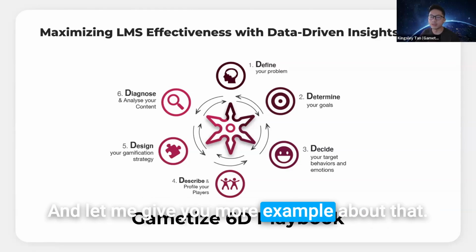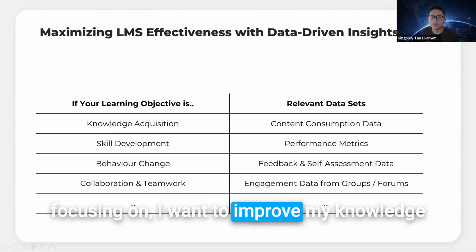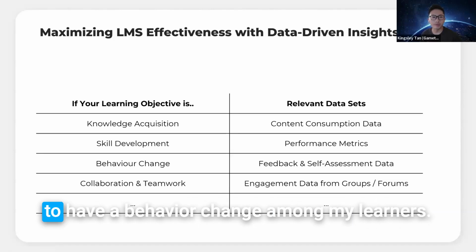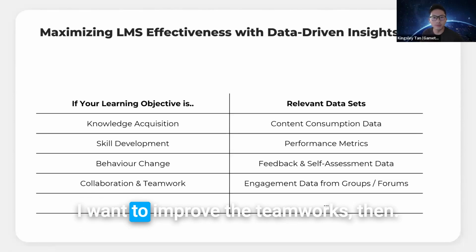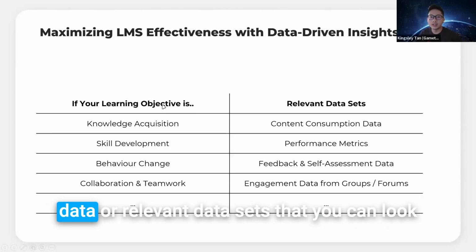Now, let me give you more examples. Let's say your learning objective is to improve the knowledge acquisition of your target audience, or to have a behavior change among your learners, or to improve teamwork. Having this layout, what are the next relevant data sets that you can look at?